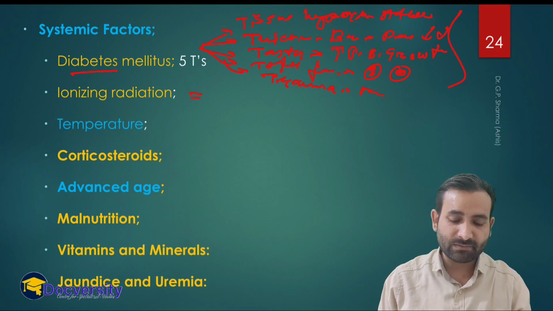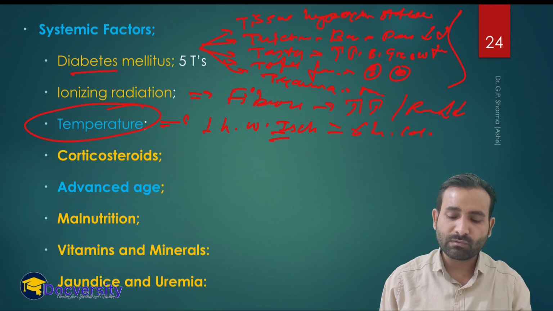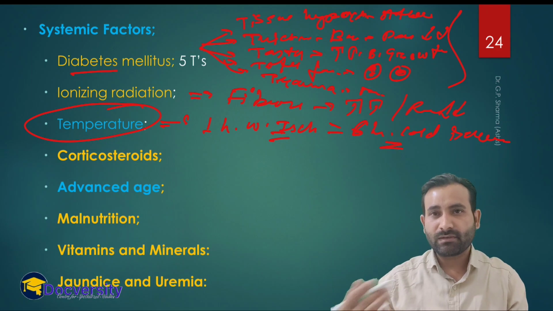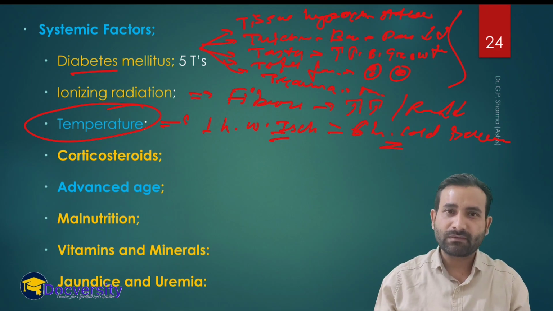Similarly, ionizing radiation produces fibrosis of the tissues, so the scar becomes bigger, regeneration becomes less. Temperature, remember, 1 hour of warm ischemia, high temperature, is equal to 6 hours of cold ischemia. So please remember this one, so that if you are in the cold temperature, your wound heals faster.